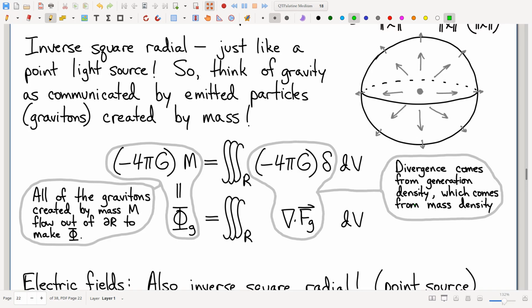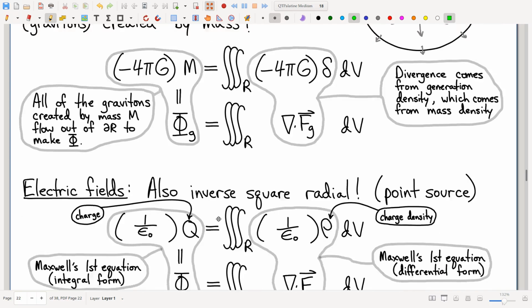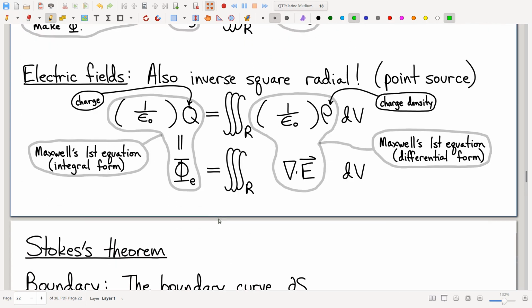Okay, why do you need to understand gravitational fields? If you're not planning to be a cosmologist or an astronaut, who cares? Right? Well, here's a case for why I think, aside from, again, just general science and engineering cultural awareness of cool facts, let's look at electric fields. And electric fields, inverse square radial, just like gravitational fields. They're mathematically identical to gravitational fields.